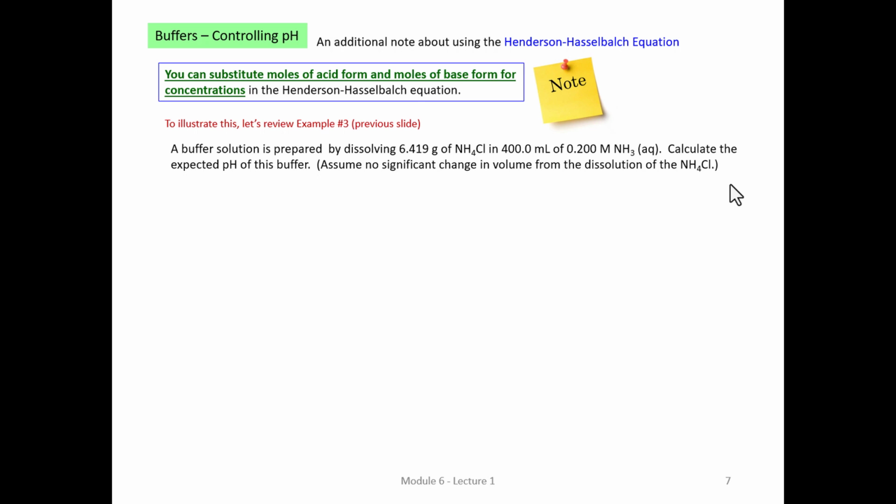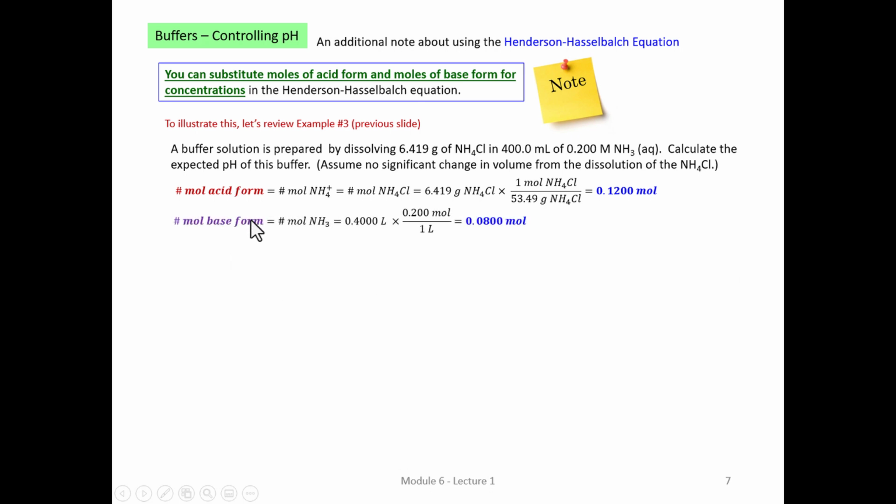To get the number of moles of the acid form, you would just calculate how many moles of ammonium chloride you added, and it turned out to be 0.1200 moles. And the number of moles of base form would be the volume of the ammonia solution times the concentration, and we'd get 0.0800 moles of the base form.